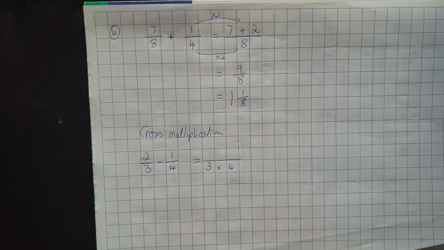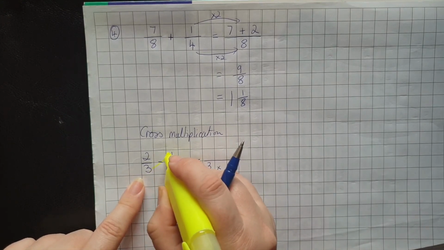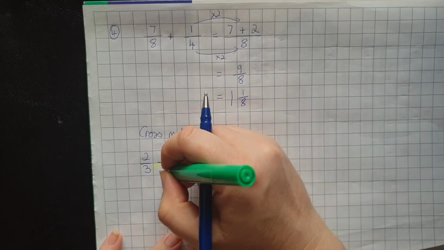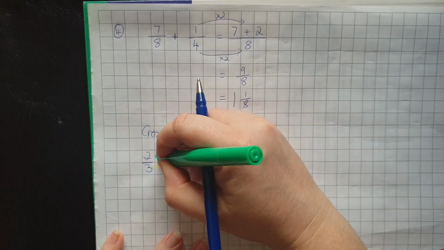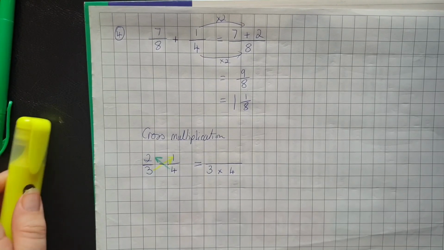Now this is where the cross multiplication skill comes in, because you're going to take the 3 times by the 1. You are going to take the 4 times by the 2. So I'll recap that.